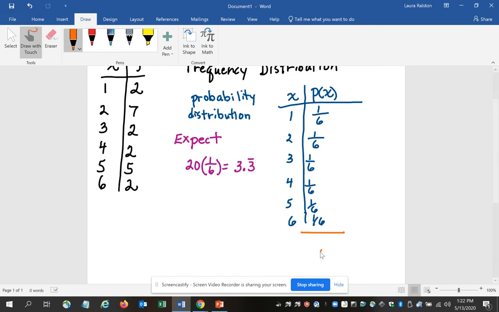We have 6 in the denominator, and 1, 2, 3, 4, 5, 6 in the numerator. So 6 over 6 is 1. So when you total up the probabilities, the sum of the probabilities is equal to 1. So we meet the conditions of a discrete probability distribution.